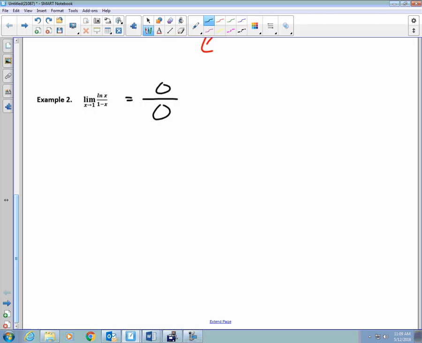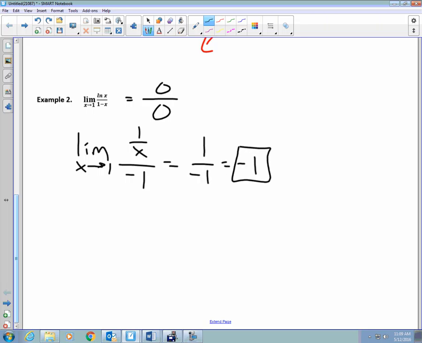What is the derivative of natural log of x? 1 over x. What's the derivative of 1 minus x? Negative 1. Can you plug in 1 now? Do it. Awesome.